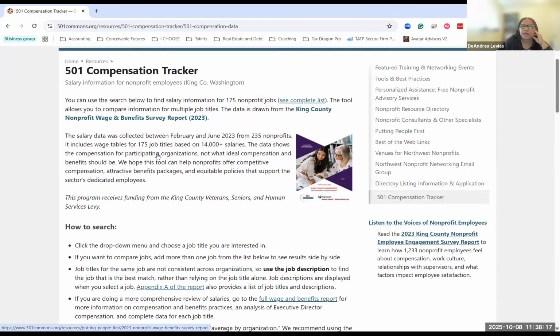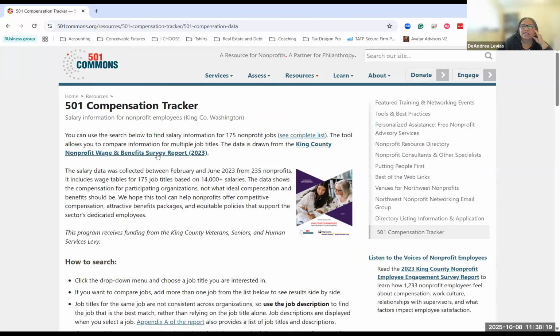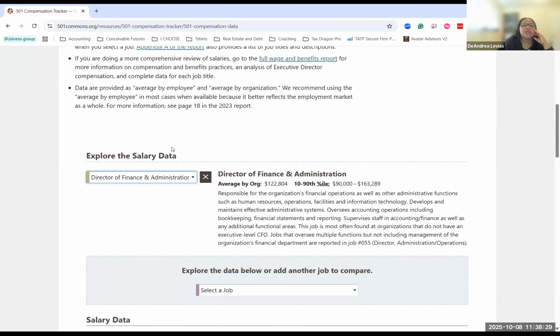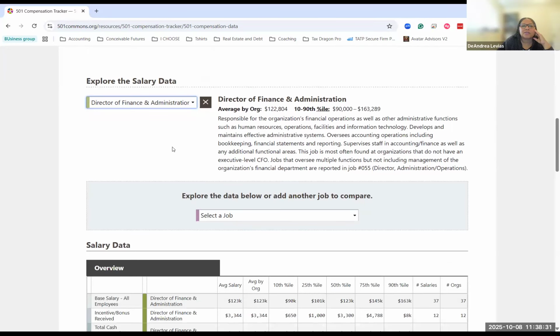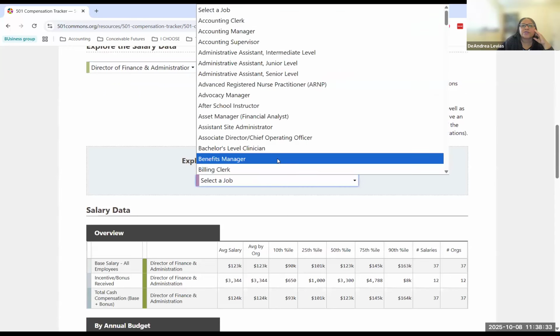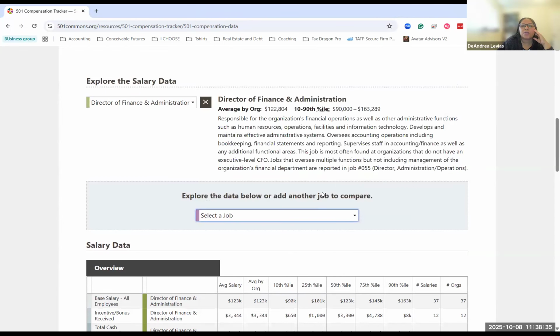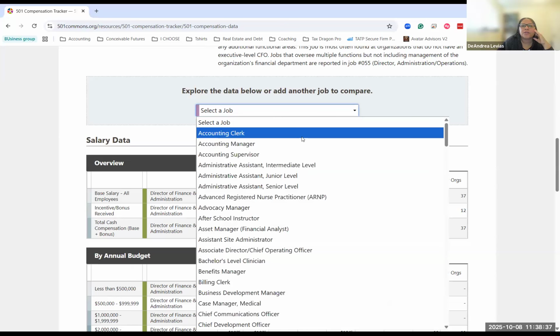I thought it was supposed to come out last month, but it looks like it's not out yet. But they also now have this handy tool where instead of flipping through pages of a PDF, you can actually come to this site and you can search for a job. This is pretty cool.